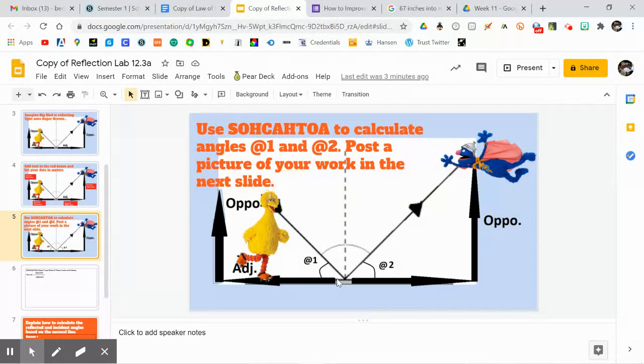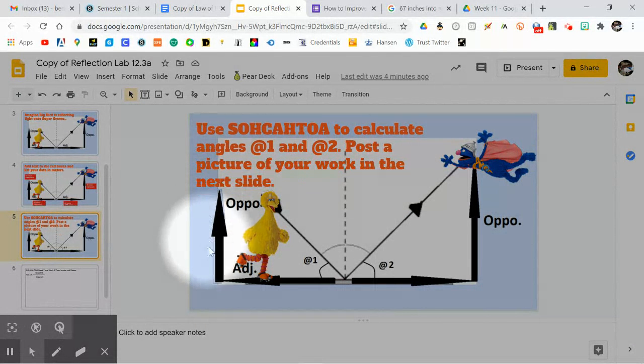So with relation to this angle, the adjacent side is the one on the bottom. Now, on the opposite side in reference to this angle, this is the opposite side. So let me highlight it a little bit.